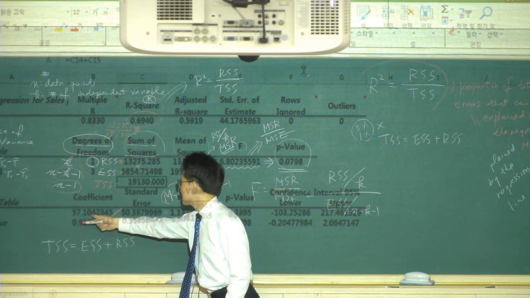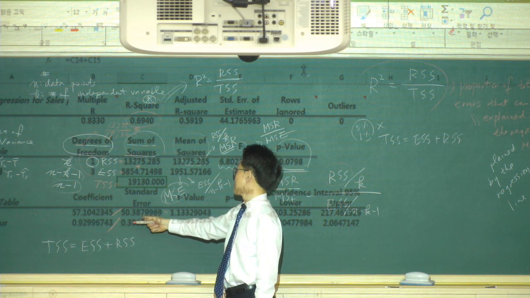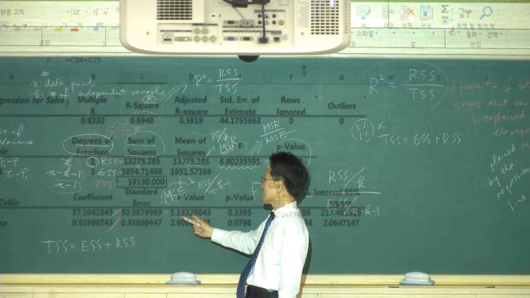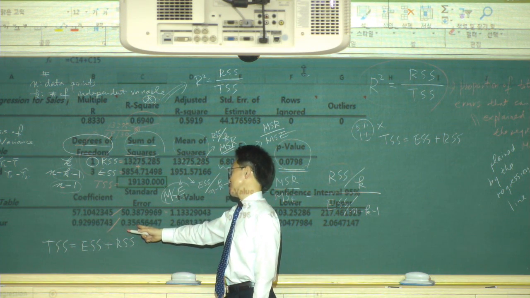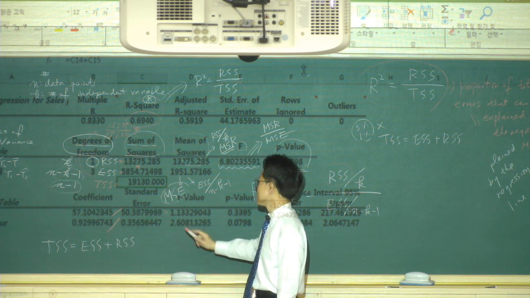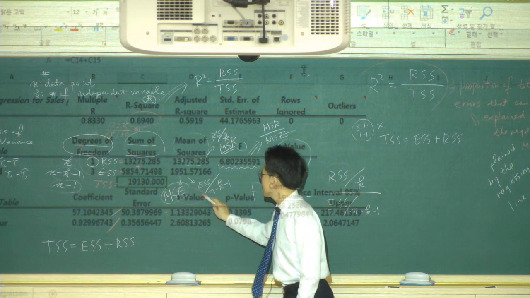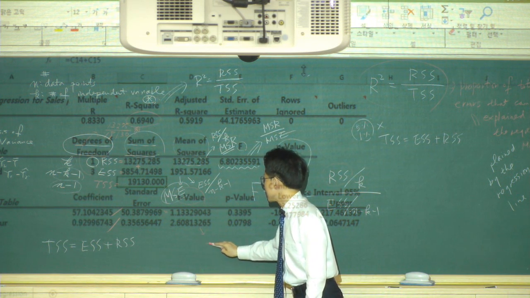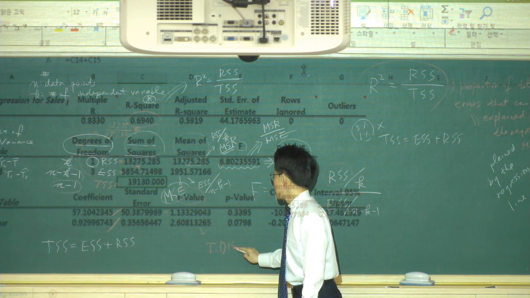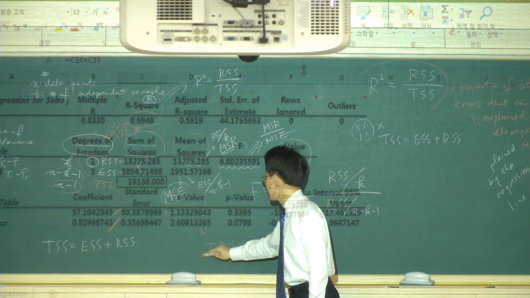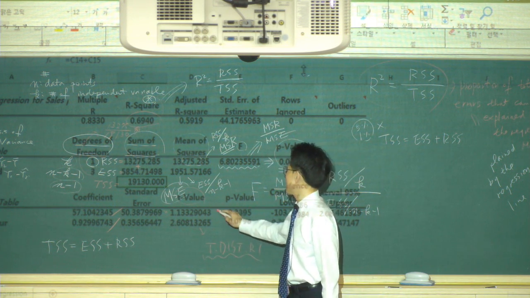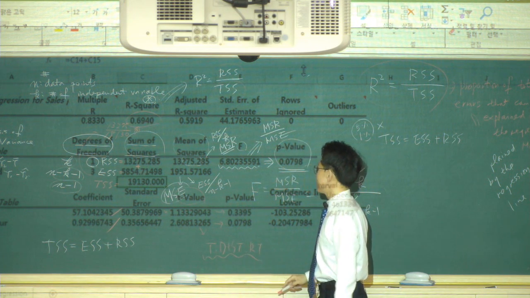If you divide 57.1 by 50.4, you would have 1.13. If you divide 0.93 by 0.936, you would have 2.6. And for the p-value, from the t-value, you use, let's say, the T.DIST.RT function or whatever, you can use an Excel function and you will get the p-values.